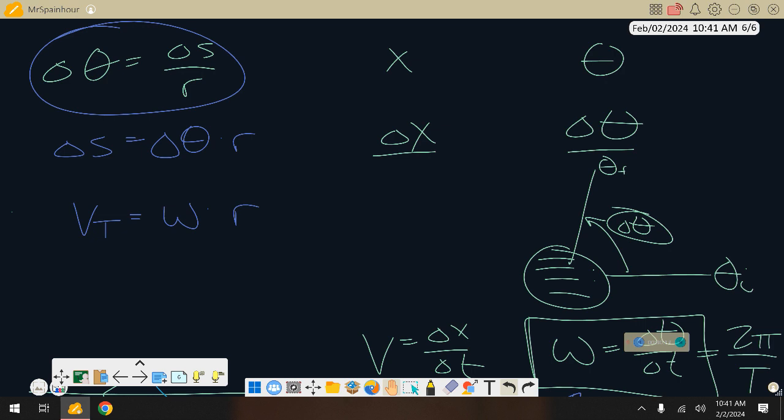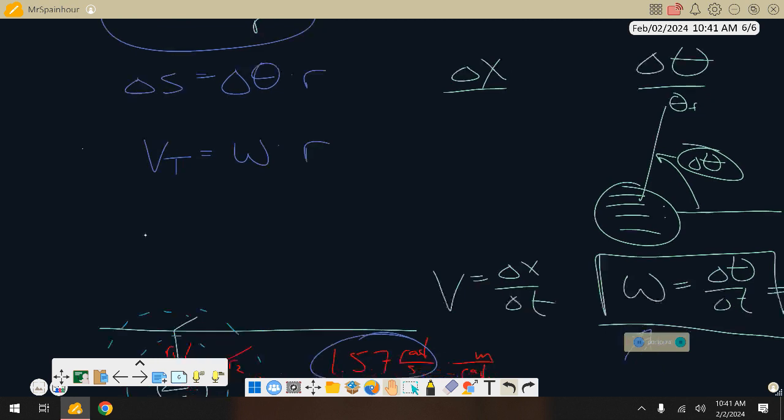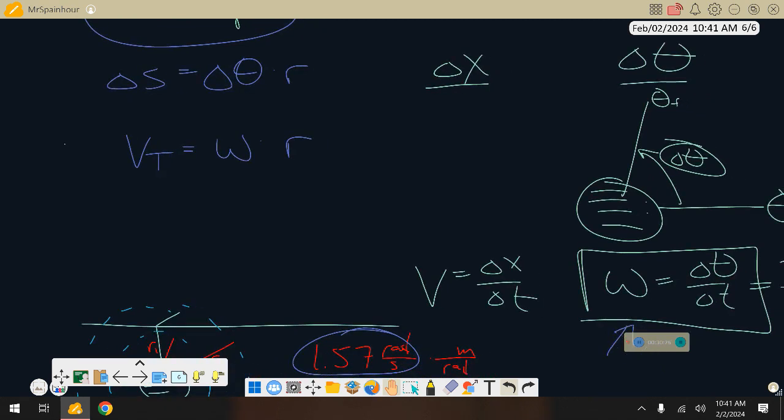Now, on your homework, here's what I'm guessing you did on potentially number 9, if you're there, and you don't have to be, but there's a few other problems that do this as well. There's a discus guy that was going to throw a discus, and you're trying to figure out how fast the discus is going. So I'm going to take one step away from that conversation and point this out. This guy, by the way, even though it looks different, should be very, very familiar. And to show you that, let me show you real quickly. What angle is a full circle? 2 pi.